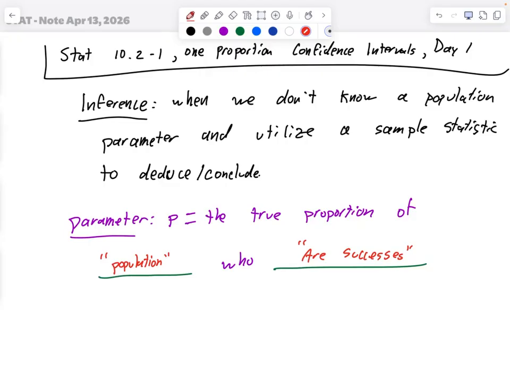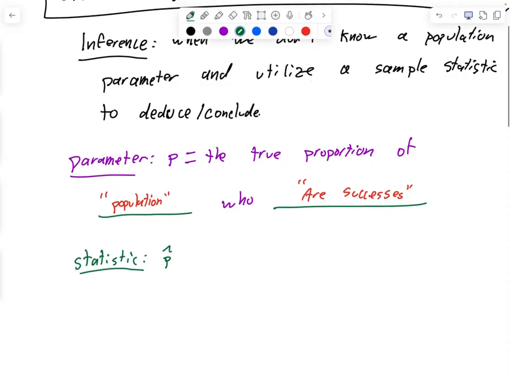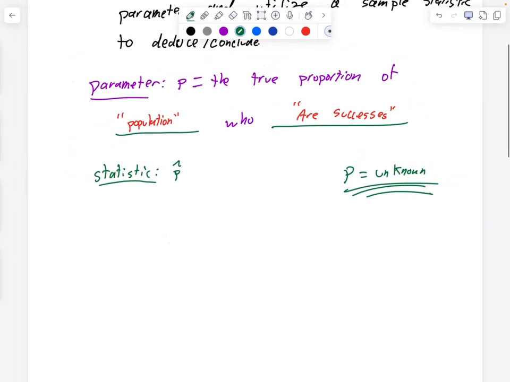That would be my parameter. We don't know that though. My sample statistic is going to be P hat, because P is unknown. So when P is unknown, we're using P hat.